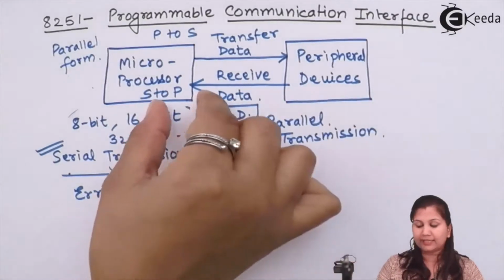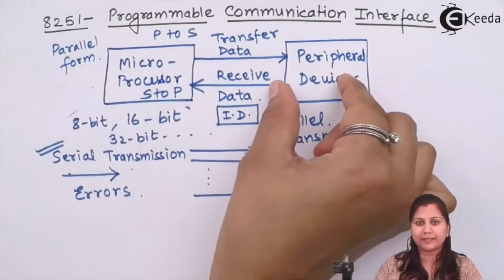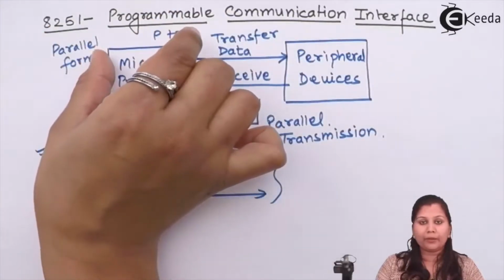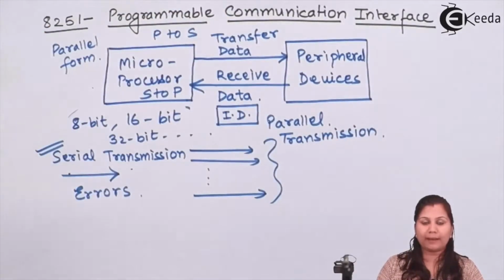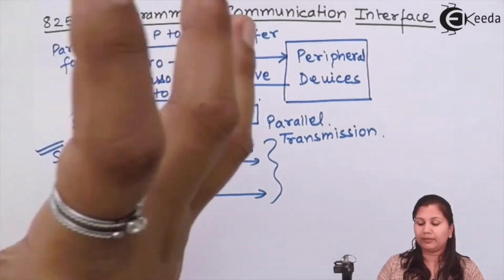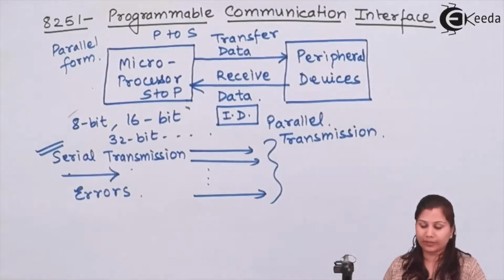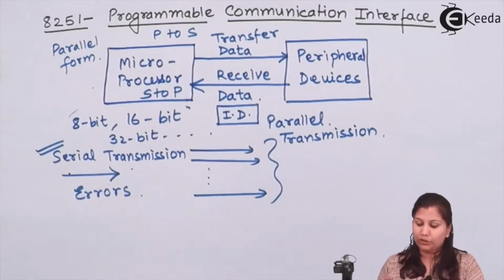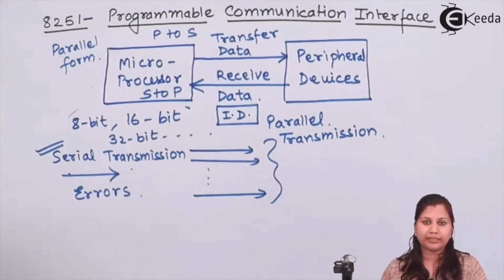So it is acting as a communication link between the microprocessor and peripheral devices. Programmable, because we can write programs here, we can write instructions, command word, and status word in it, so it can be programmed. That is why it is called Programmable Communication Interface. And the IC number for this is 8251. So let us study the 8251 Programmable Communication Interface device in detail.